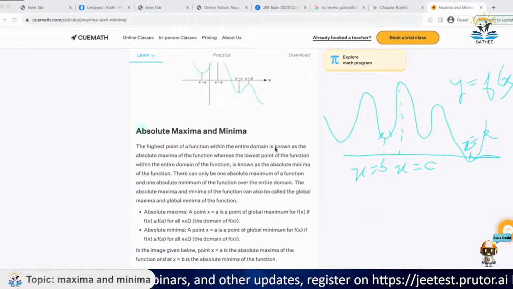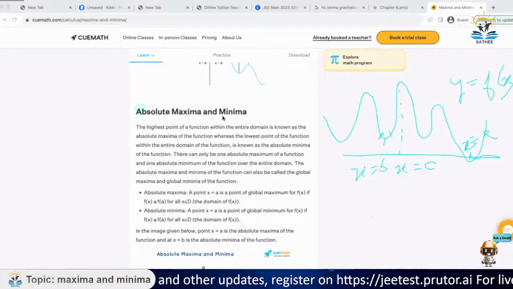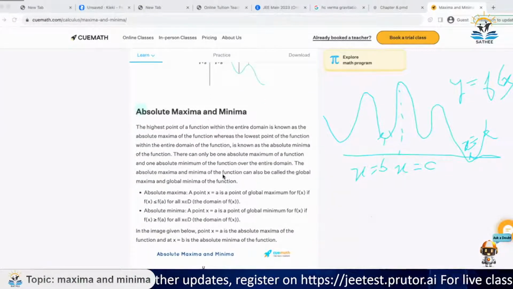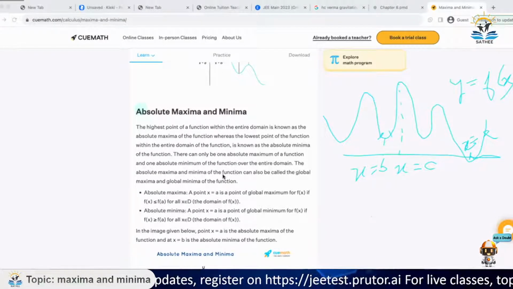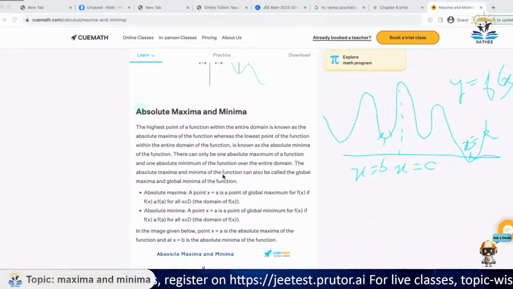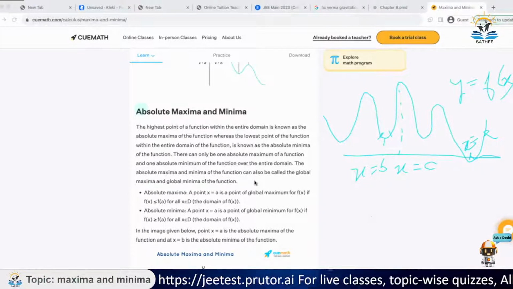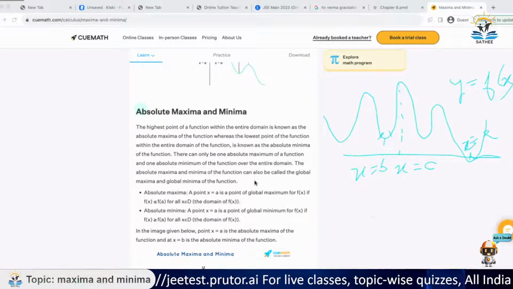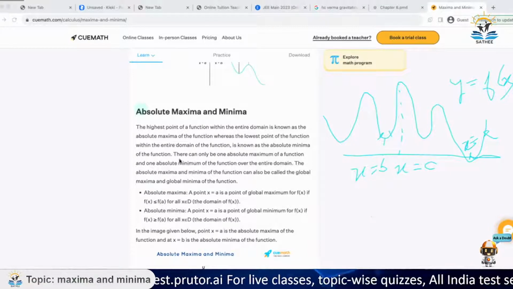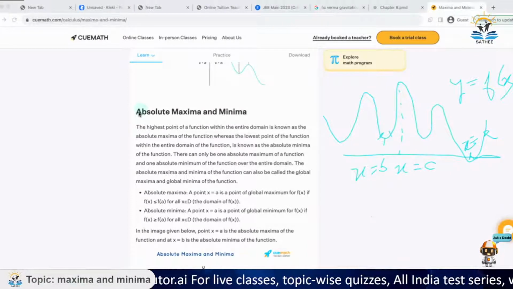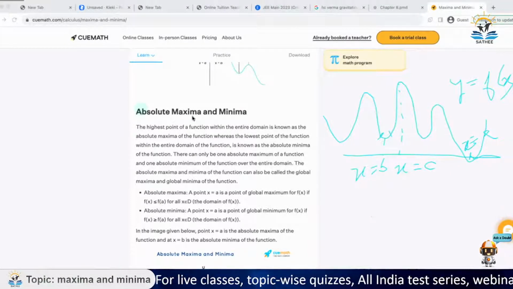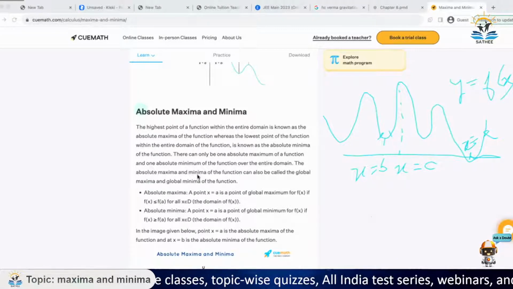Now let us see absolute maxima and absolute minima. First of all, I will tell you the basic knowledge of absolute maxima and absolute minima, and then we will go upon the methods to find these. This can also be called global maxima and global minima. So what is absolute maxima?